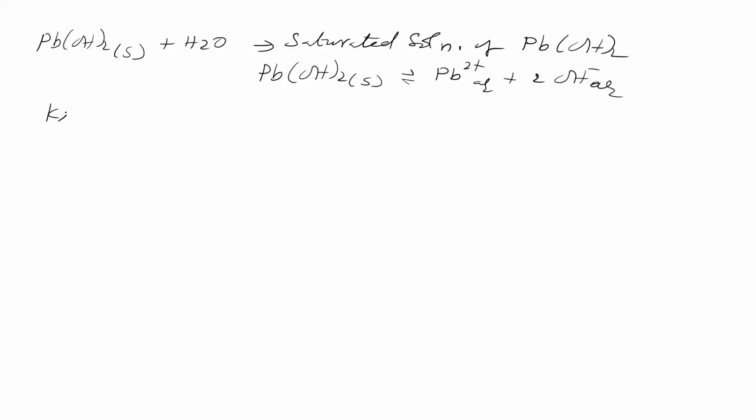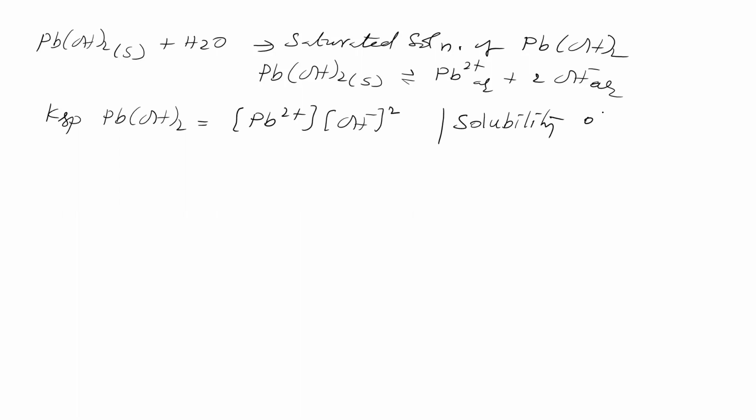Now we will write the solubility product. The solubility product of Pb(OH)₂ is equal to the concentration of Pb²⁺ into the concentration of OH⁻ squared. They have given the solubility of Pb(OH)₂ in water, which is 6.7 into 10 to the power of minus 6 molar.